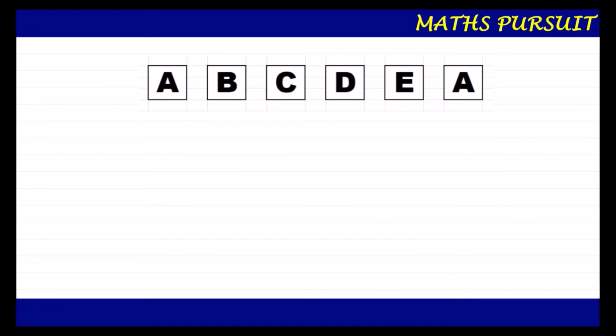As per the question, the child is having a die which has the letters A, B, C, D, E, A. Now, the first part of the question says, what is the probability of getting letter A? This is what is being asked.